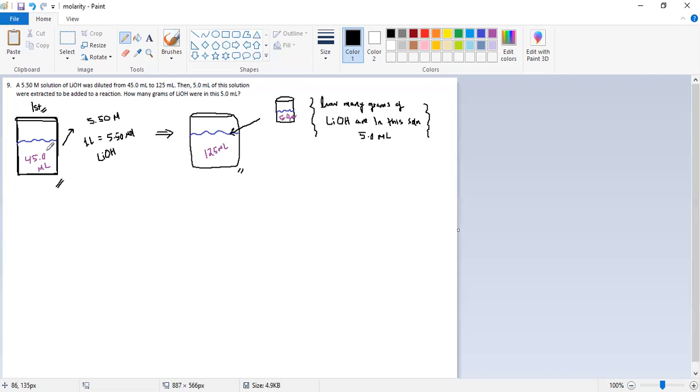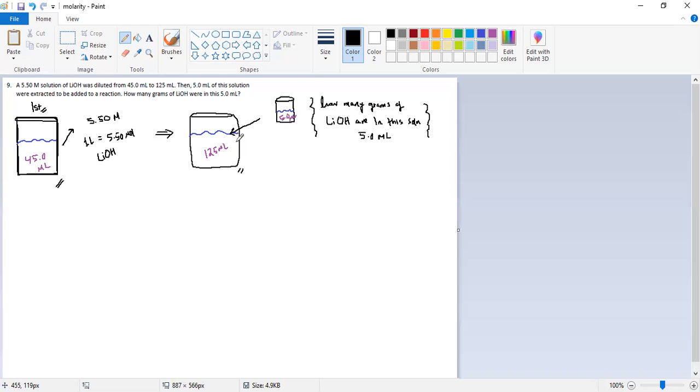So you would expect a different molarity in this case because the concentration level has decreased. And that is significant to understand.